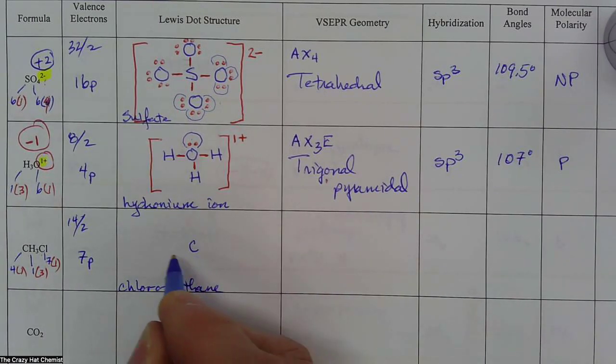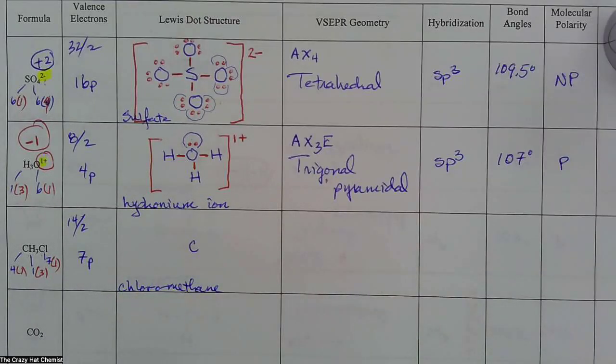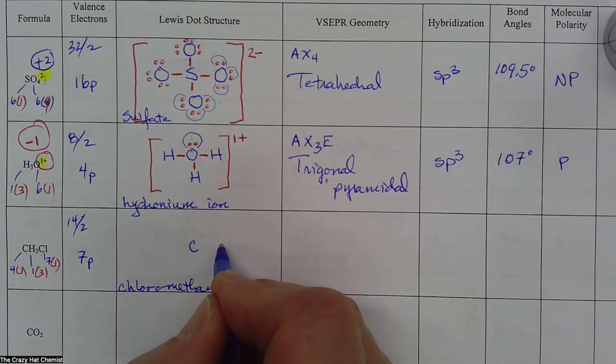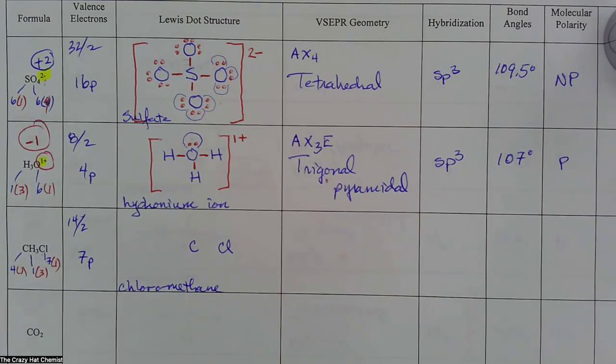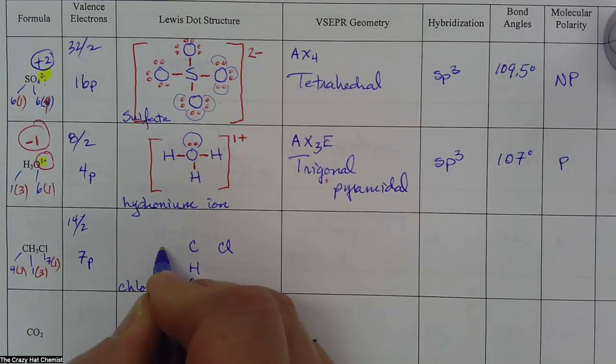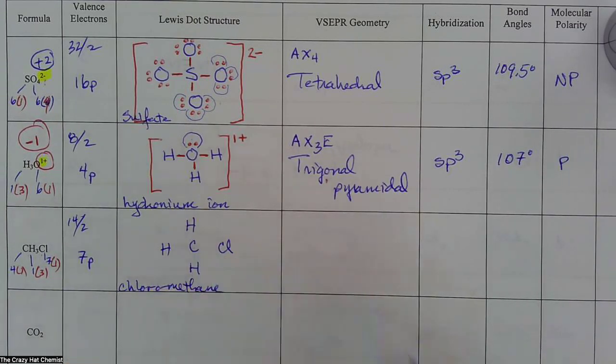Now you are doing that plus sign, 3 o'clock, 6 o'clock, 9 o'clock, 12 noon. It doesn't matter where you put the chlorine or where you put the hydrogens. I'm going to put the chlorine off to the right, but it does not matter. So I got a hydrogen here, a hydrogen here, and a hydrogen here.